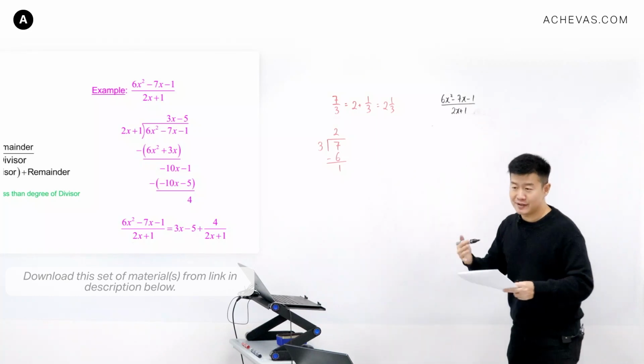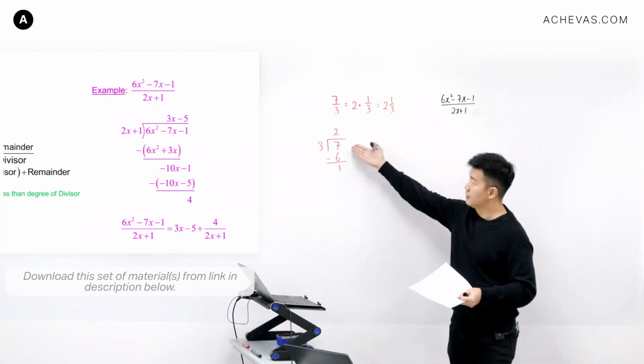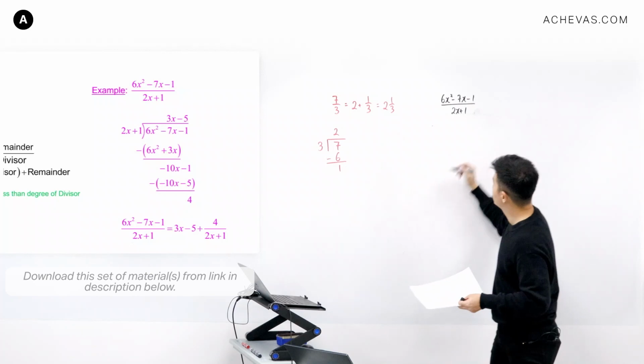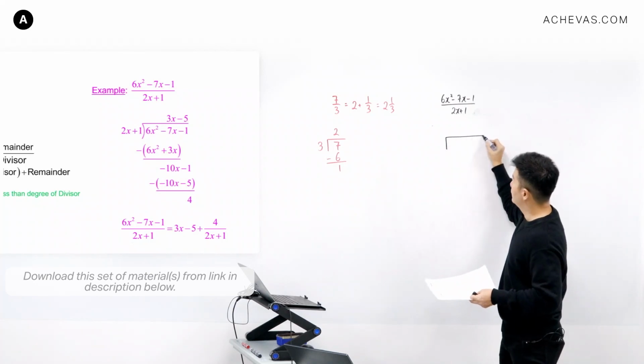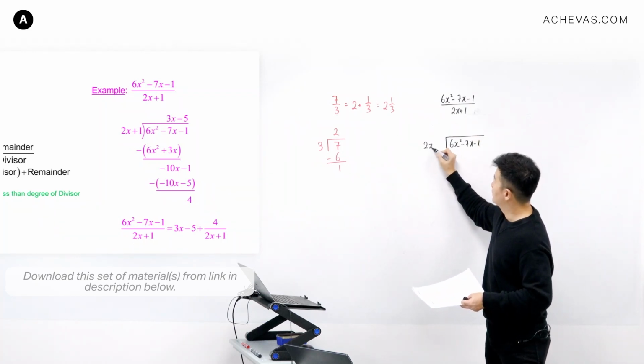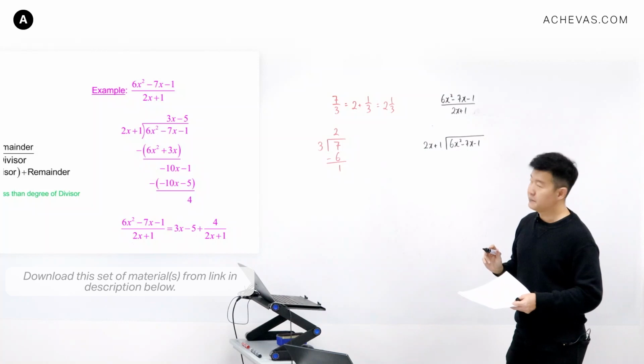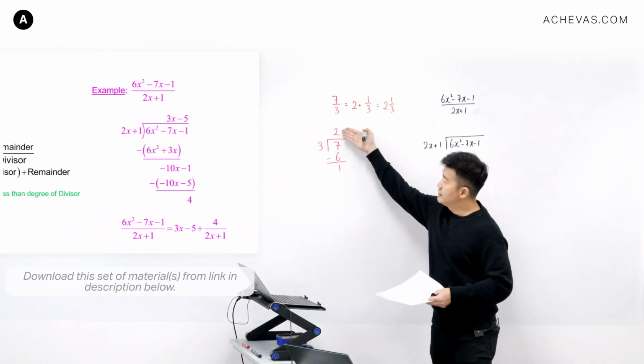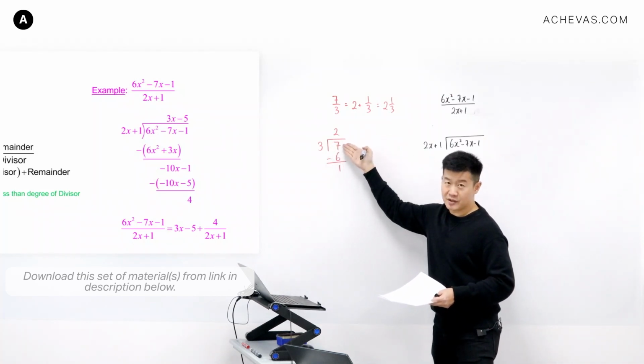To re-express this as a division, it is like taking the numerator and dividing it by the denominator. So we have this, and this times this gives me this, which is going to be minus off from this.